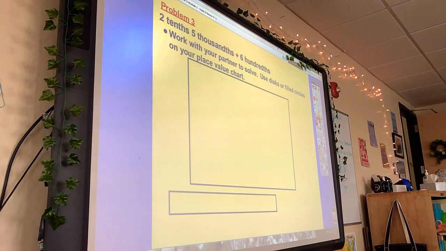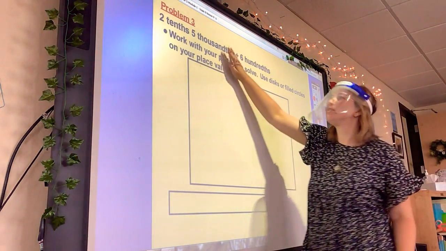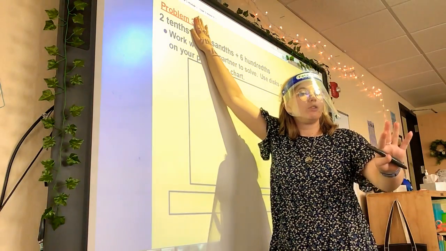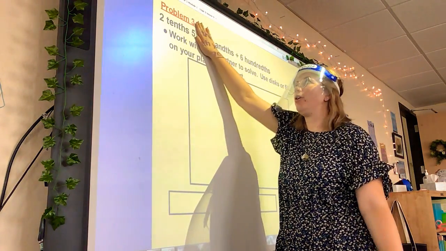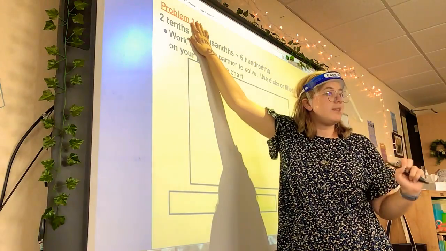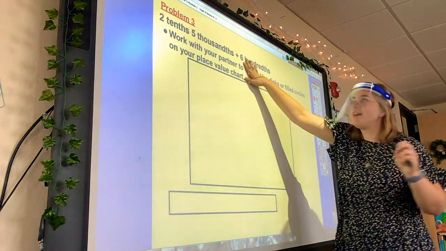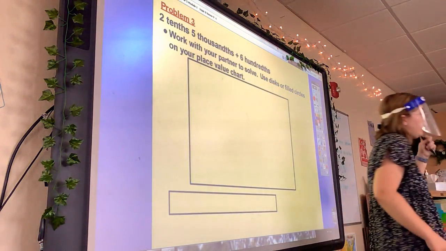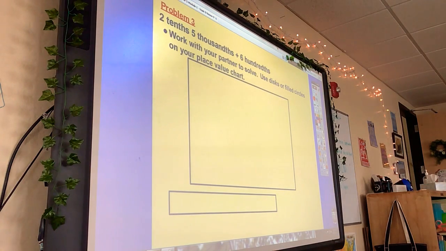Pro tip, if you are confused on what to put in there, just start with the first unit. So 2 tenths, and show 2 tenths in there. And then move on. 5 thousandths, and show 5 thousandths in there. All right, I'll stop talking so you can.